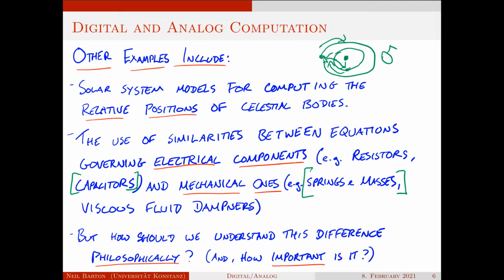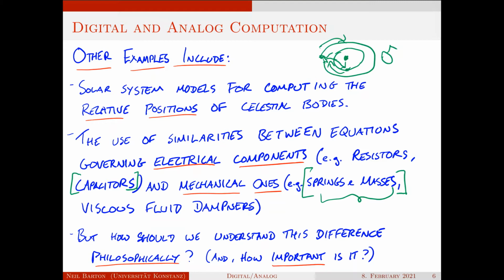If I want to do this digitally, for instance, I'm going to have to figure out some way of encoding the springs and the masses into a digital format that's then available to be manipulated, whereas many of the analog computations just work directly.